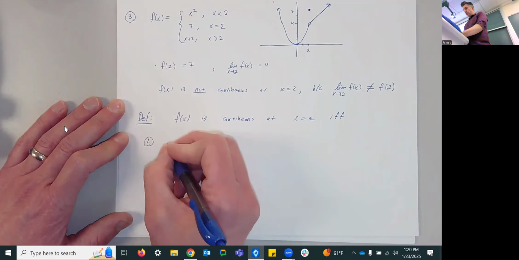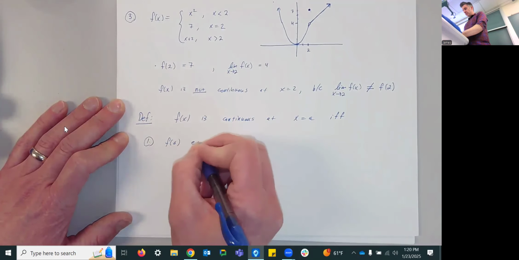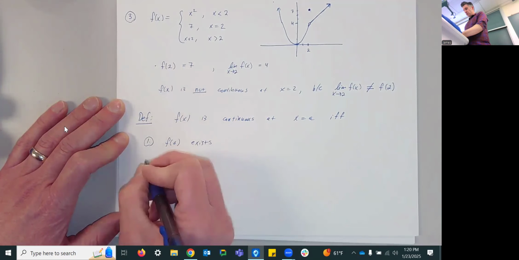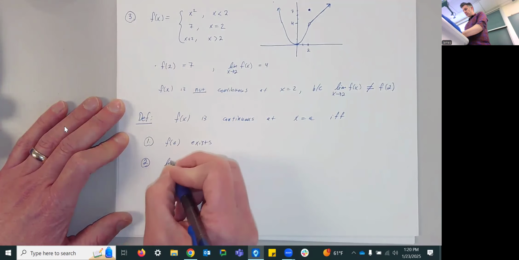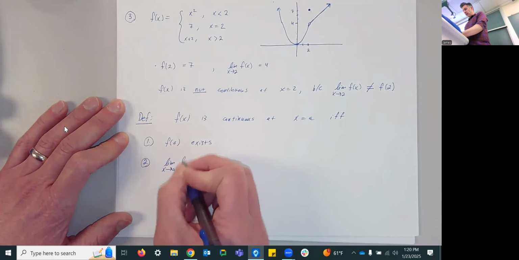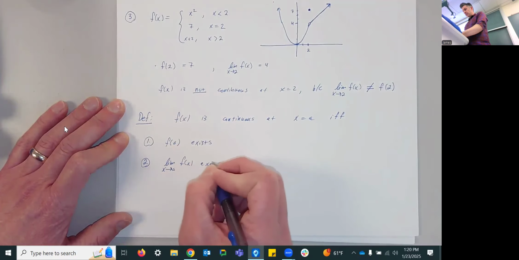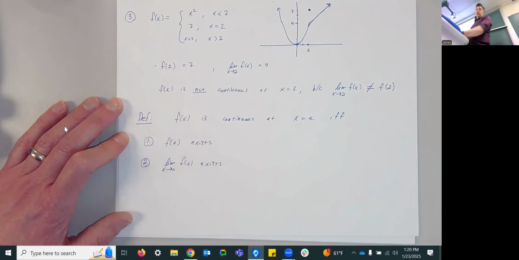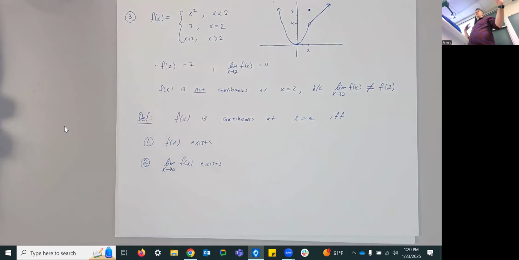1, f of a exists. 2, the limit as x approaches a of f of x exists. Usually this means checking the left and the right hand limit.